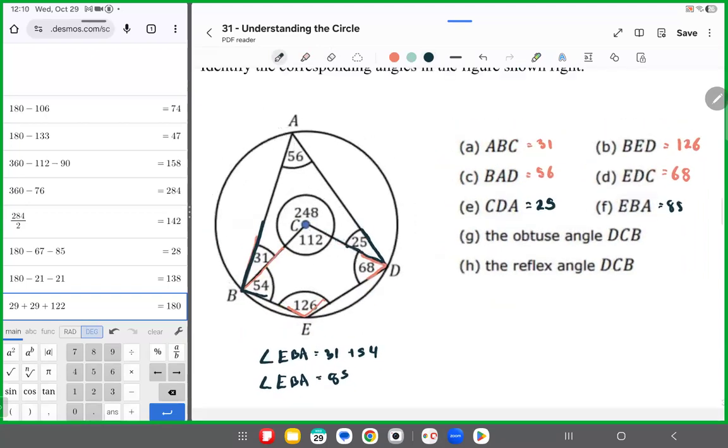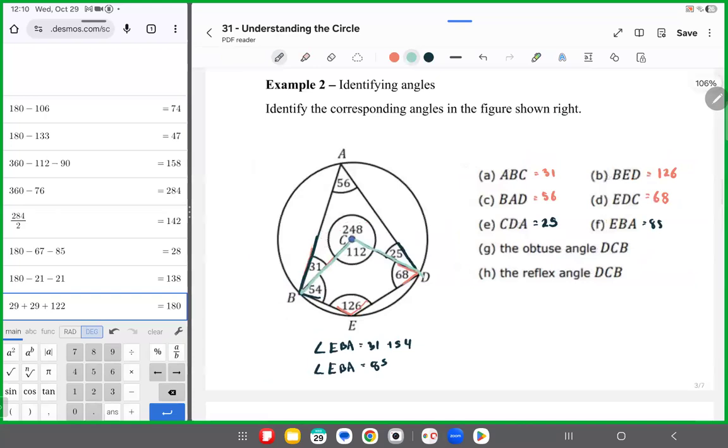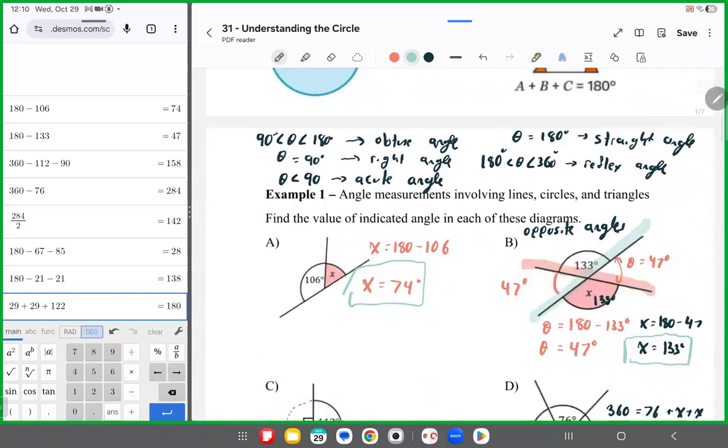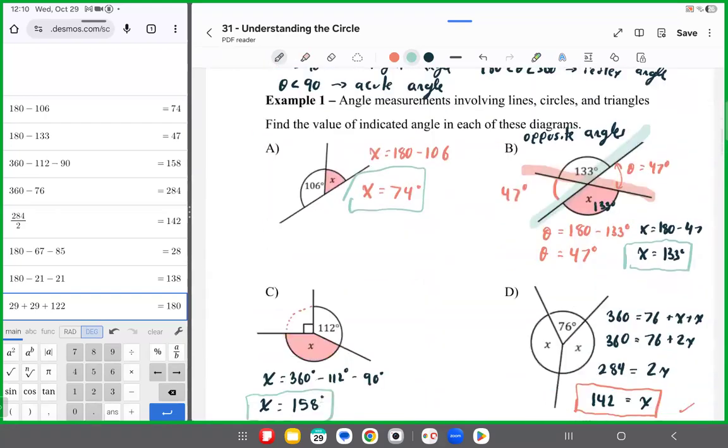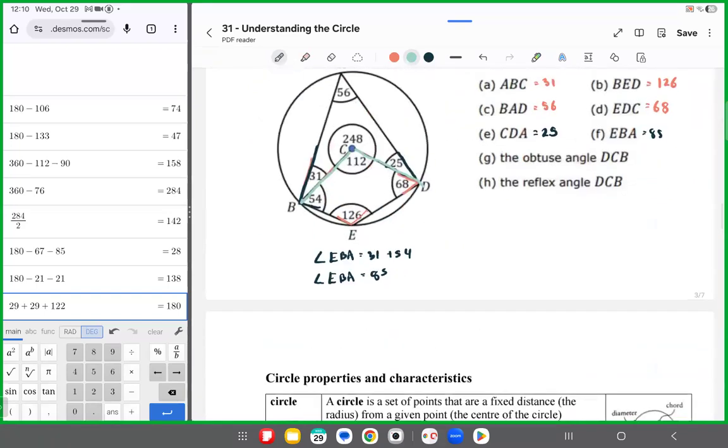And here's an ambiguity. If we have a look, and I'll label this in green, at DCB. The way that the book will differentiate this is they'll say the obtuse angle. And you might be thinking, obtuse angle? What do you mean? Oh, you mean the thing that's between 90 and 180? Yes, that's how they'll differentiate these.